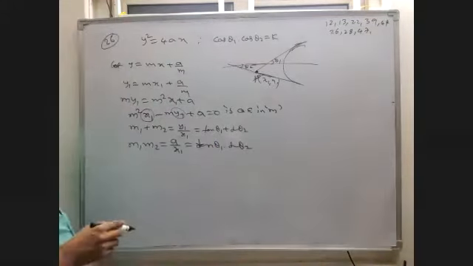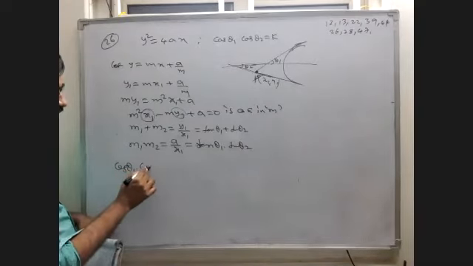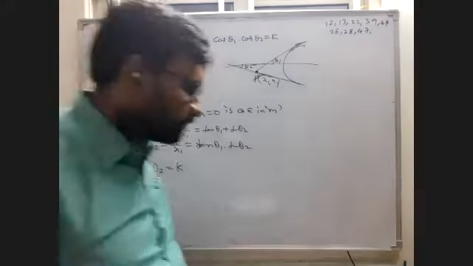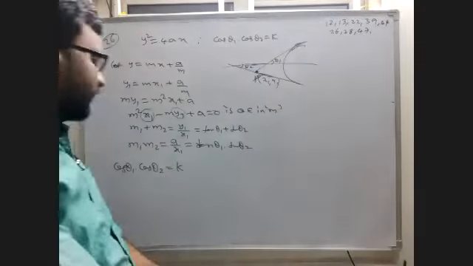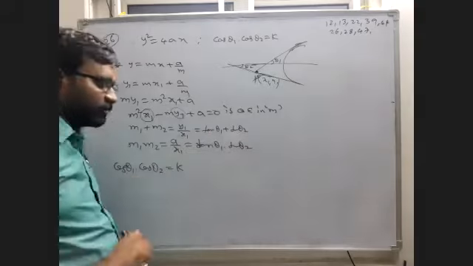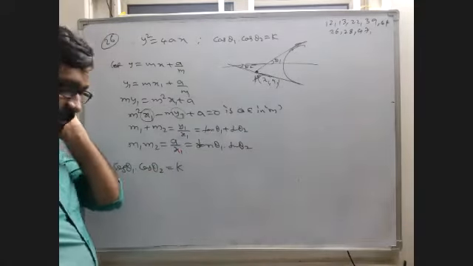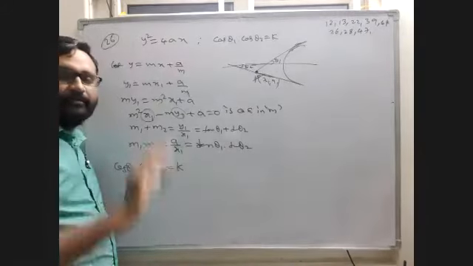But what condition is given there? Cos theta 1 into cos theta 2 is equal to k. We have all in terms of tan: tan theta 1 plus tan theta 2 and tan theta 1 into tan theta 2 both have values. But here it is given in terms of cos, so we have to convert cos into tan.